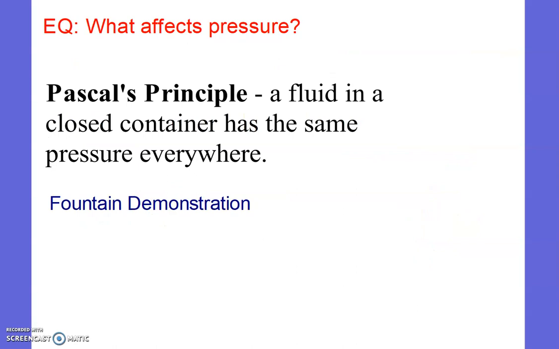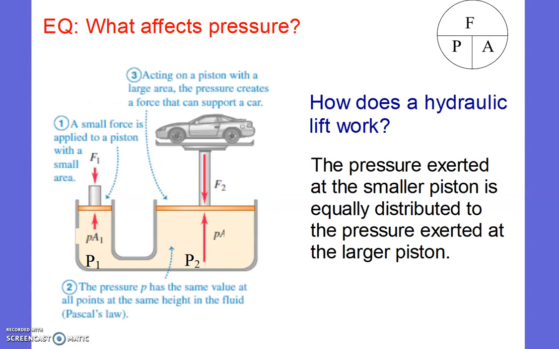Now, another thing that we talked about here was Pascal's principle, which says that a fluid in a closed container has the same pressure everywhere. And if we increase the pressure at one spot, we're going to increase the pressure throughout the entire fluid. An application of this is a hydraulic press.